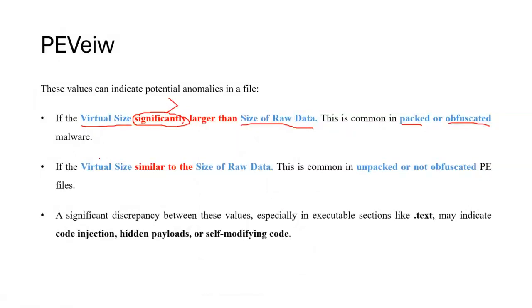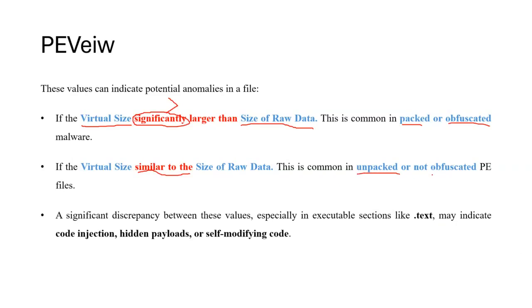Let me go back here. Basically, the virtual size should be similar to the size of the raw data. If we have similar sizes, for example, 12,000 and 12,100, the difference is not much, so this is an unpacked file.